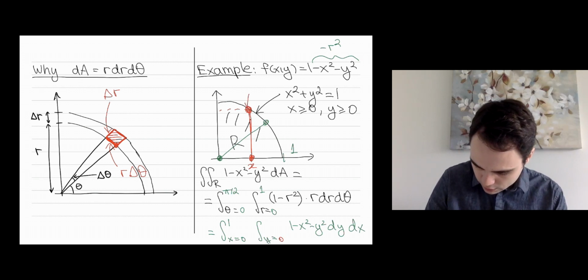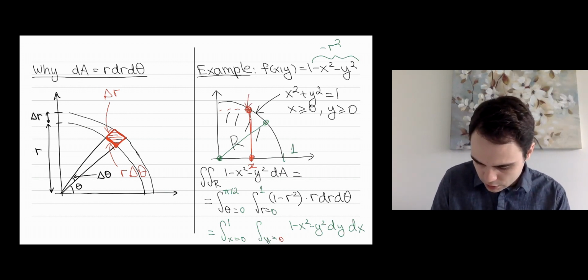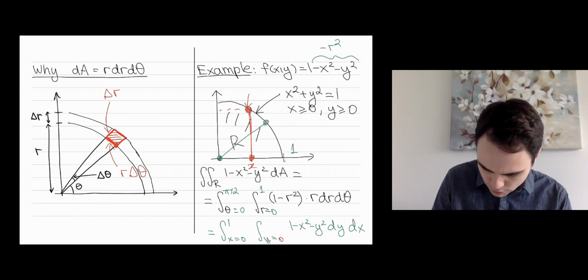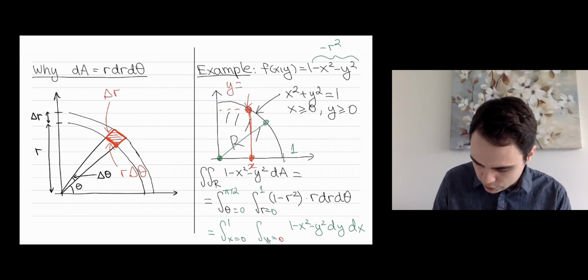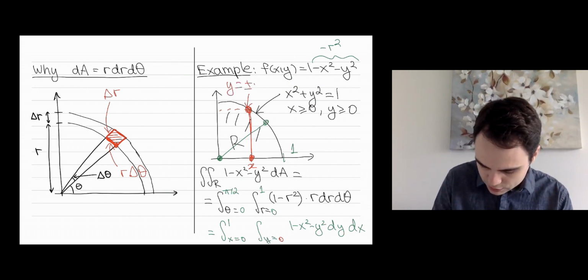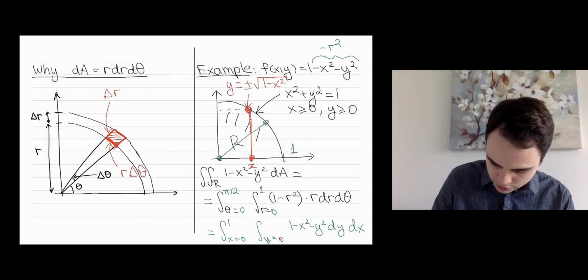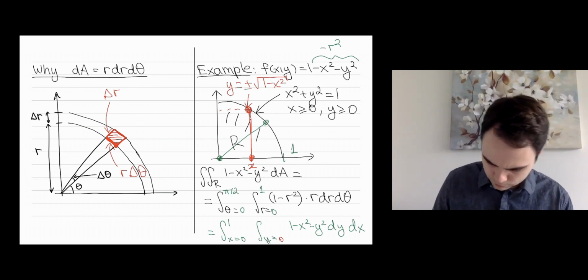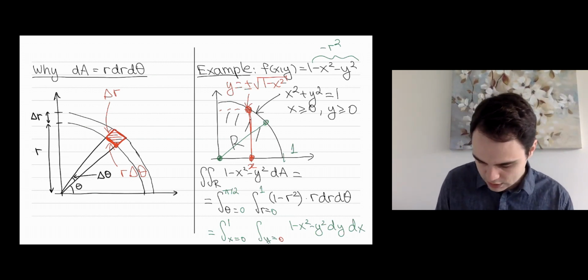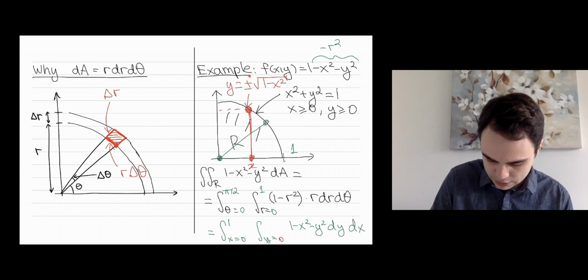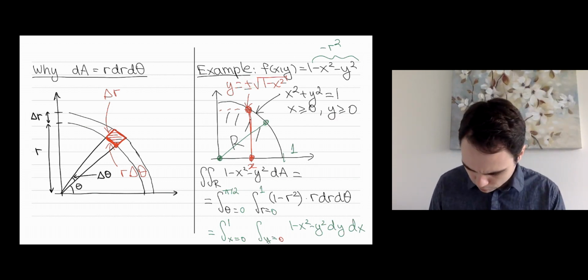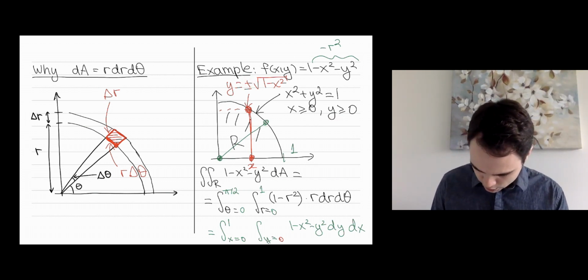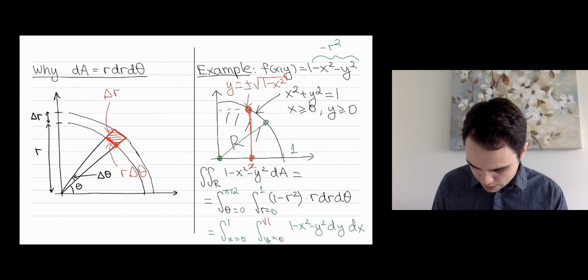Well, here you guys can see by solving this equation that y is equal to plus or minus the square root of 1 minus x squared. In our case we want the positive root because I said that y is positive. So the upper bound would be the square root of 1 minus x squared.